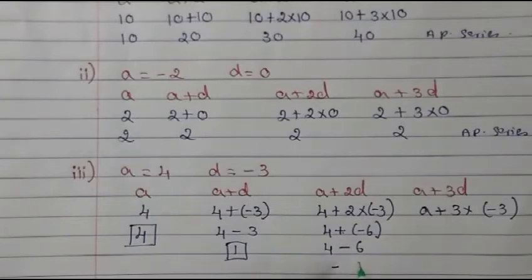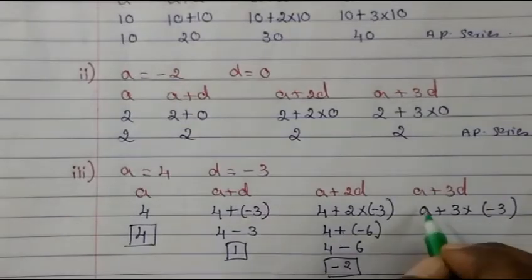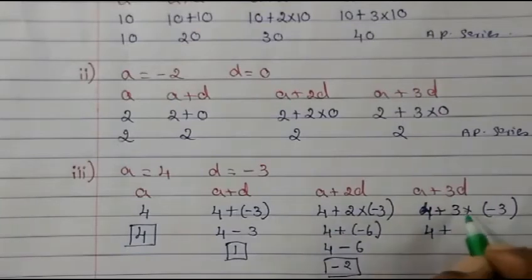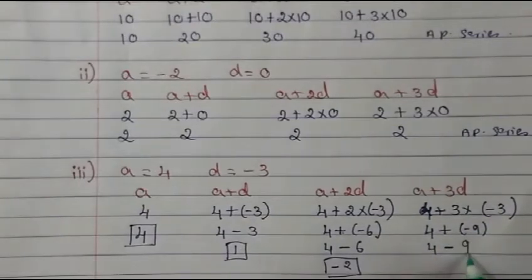From 6, 4 goes, then we will get minus 2. Now here A value is 4. Then 4 plus 3 3s are 9, but here minus is there, we will get minus 9. The biggest number's sign is minus, so minus it will be. From 9 you subtract 4, we get 5, so minus 5. So this is our AP series.